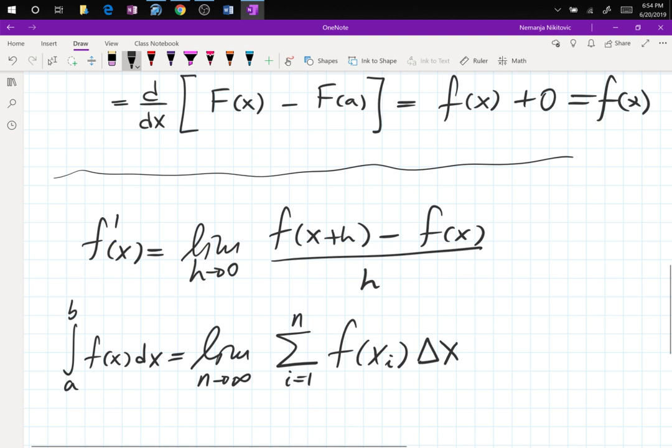One is calculating the slope of the tangent line, which measures the change. The other one is calculating accumulation, which is area under the curve.